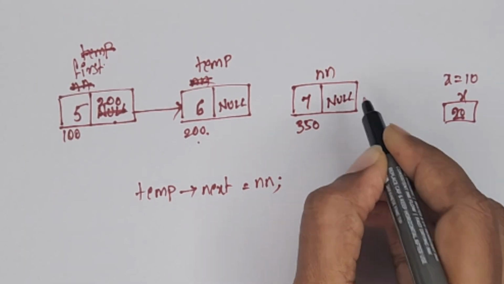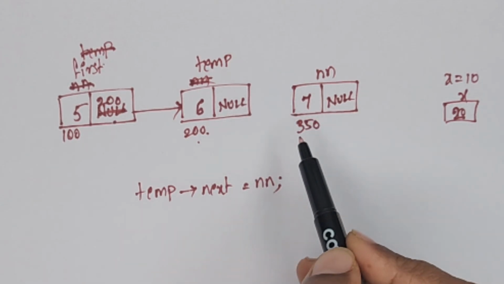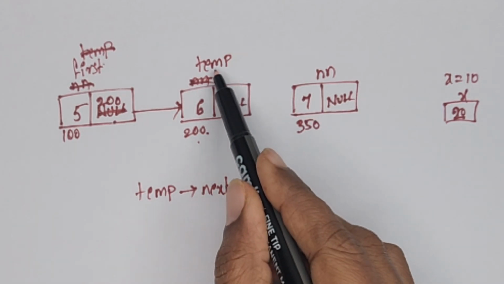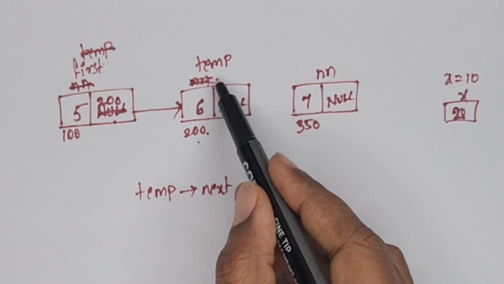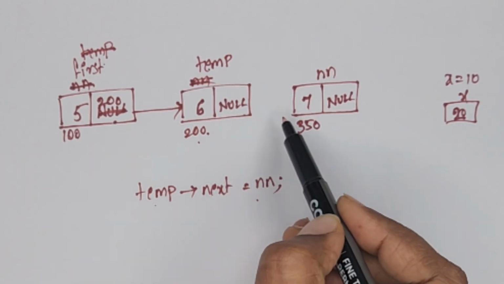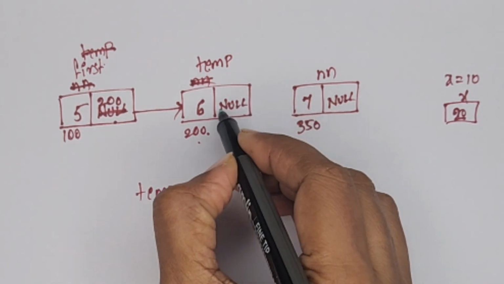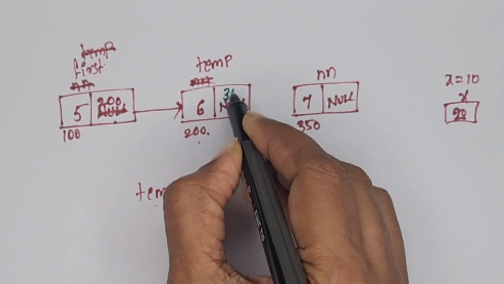New node of next is null. Now we have to add this new node to our linked list. Where do we add? After temp. Easily you can add: temp of next equals new node. What is new node now? 350. In place of null, it will assign 350.